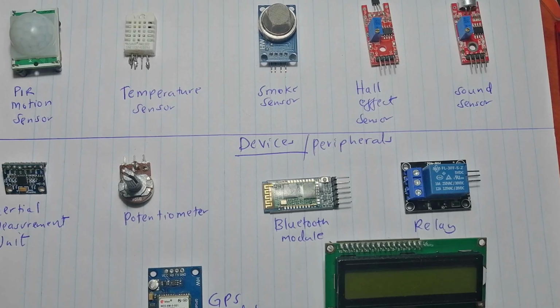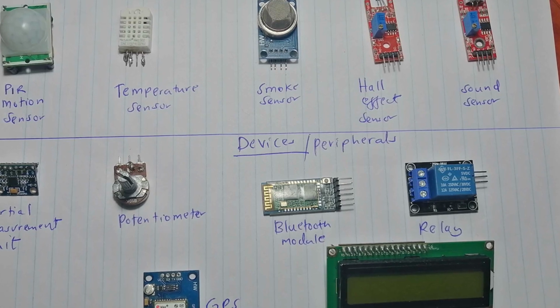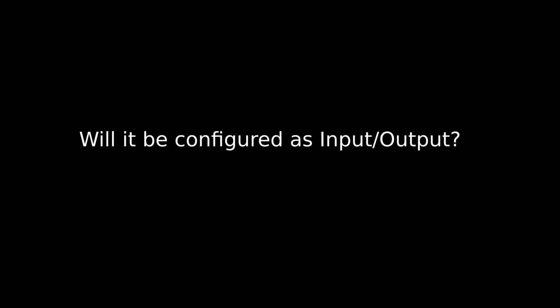This temperature sensor will have to be connected to the Arduino so that the Arduino can get all the readings from the environment. So the question is, is this temperature sensor an input or an output device? What do you think it is? I hope you thought about it.